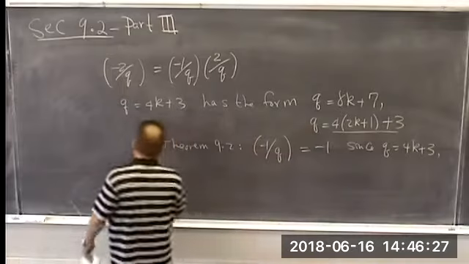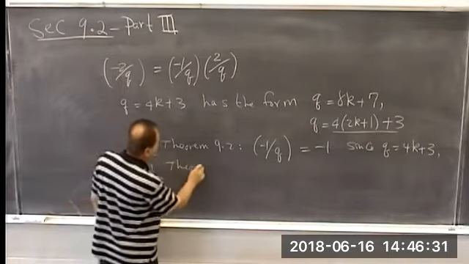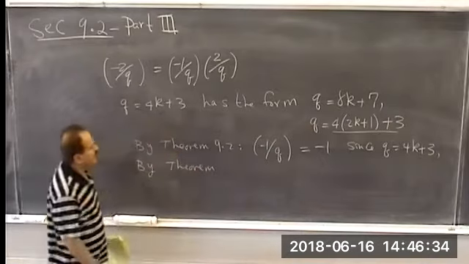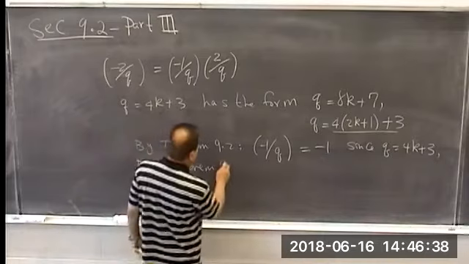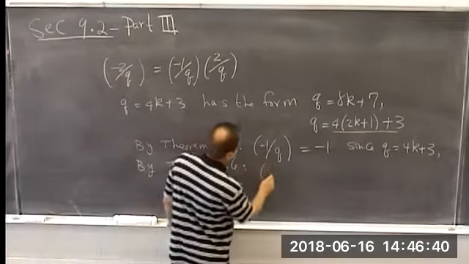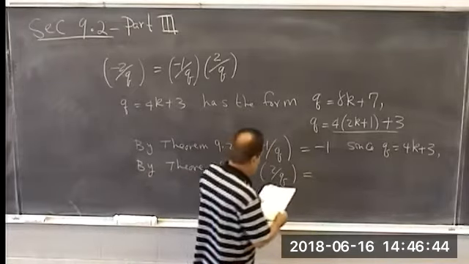And by the theorem, which is Gauss's lemma, one of the applications of Gauss's lemma, theorem 9.6, we have (2/q). This one is actually positive.